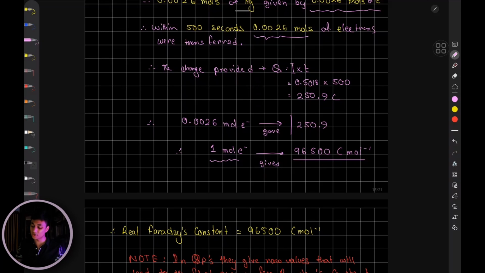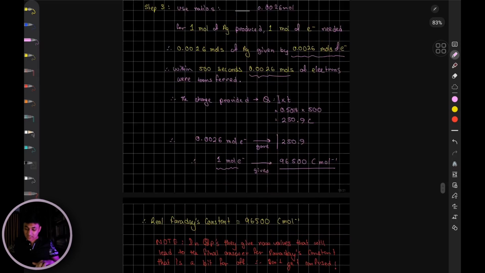So this is your charge when 1 mole of electrons are transferred, right? So this is the Faraday's constant. That is, 1 mole of electron will have 96,500 coulombs of charge.